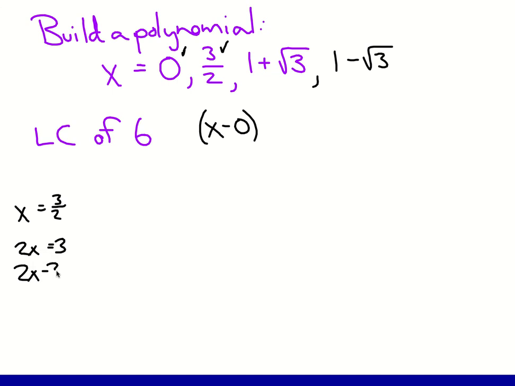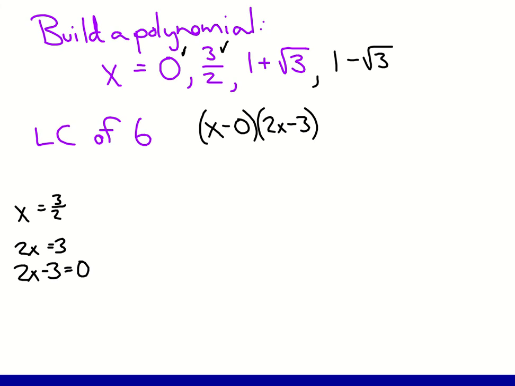So 2x minus 3 would equal 0, which presents us with the factor of 2x minus 3, because we don't want any fractions in this factorization.